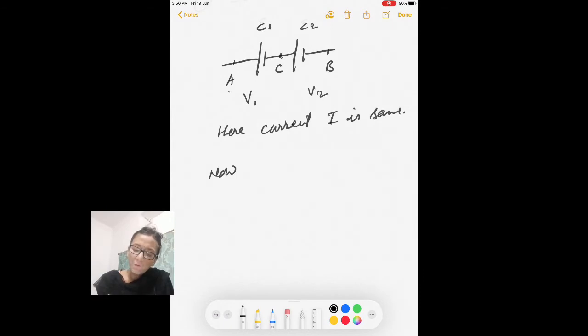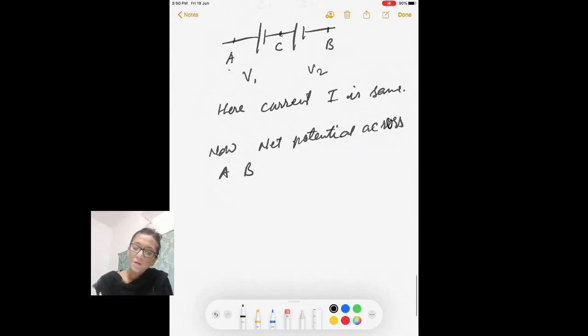Now the net potential across AB is V net, then V can be written as V1 plus V2.